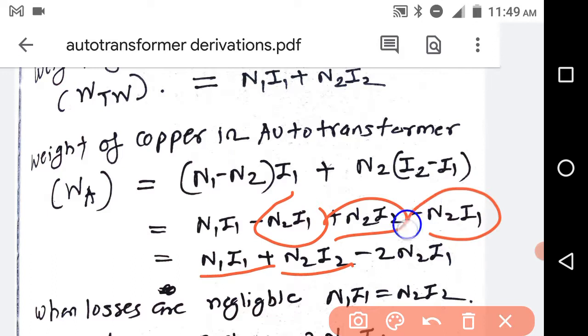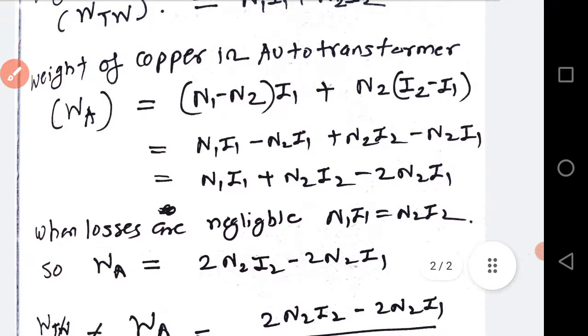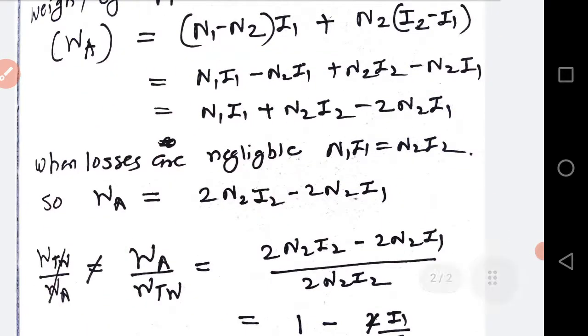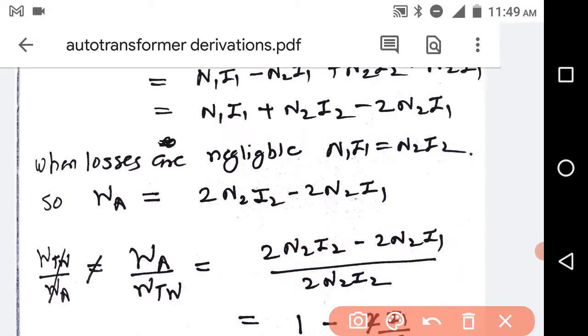Then for this part, N2 I1 is minus 2 N2 I1. So when losses are negligible, N1 I1 equal to N2 I2. So we can write it as N2 I2. So it is 2 N2 I2 minus 2 N2 I1.